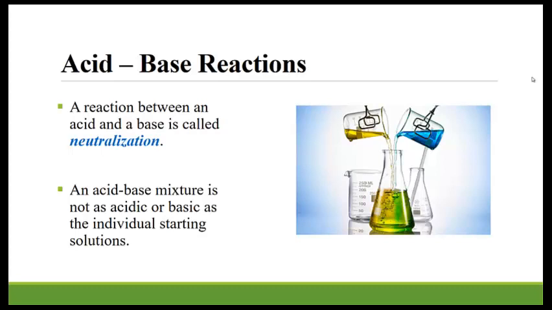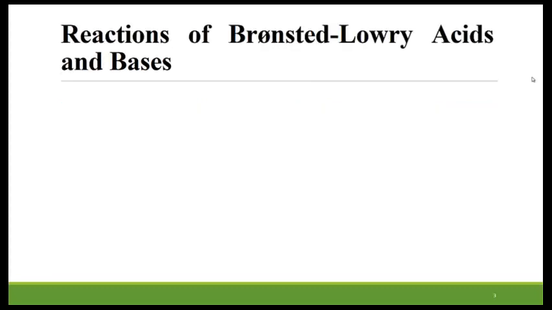They are neutralizing each other. Think about what we mean by neutral. Neutral pH is 7, right? So when we mix an acid and base, the overall pH of the solution is moving towards that neutral pH 7. It may not get exactly there, but it's moving towards it. So we call it a neutralization reaction.